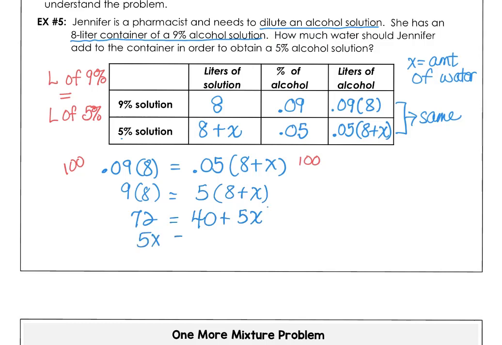So 5X is 32. And 32 divided by 5 is 6 4/10 liters of water. So she'll use 6 4/10 liters of water added to that 8 liters, and then she'll have a 5% solution.